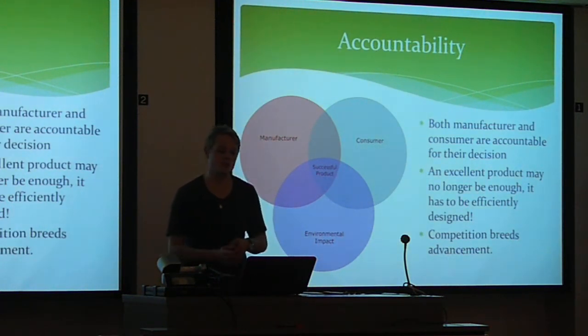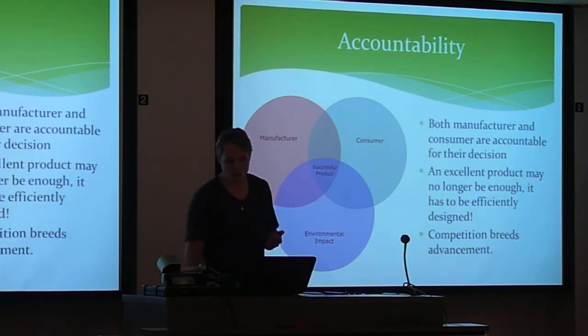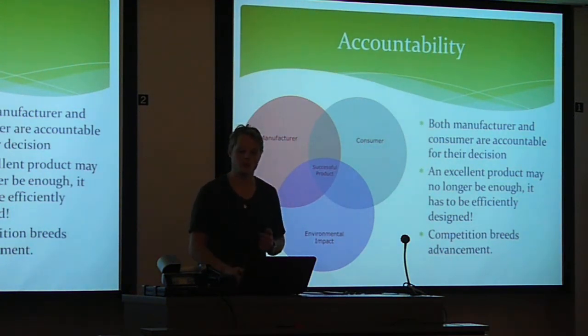And that cascades over, of course, to the environmental impact and the impact on society. So competition breeds advancement, and this advancement will positively affect humankind and help us move forward.